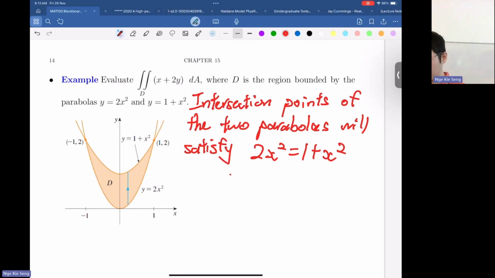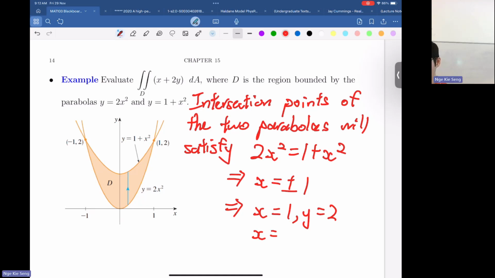Then this implies that x is either plus or minus 1. Then you put either one back, because it will satisfy both. So it implies that y is just 2. So you found these two intersection points here.